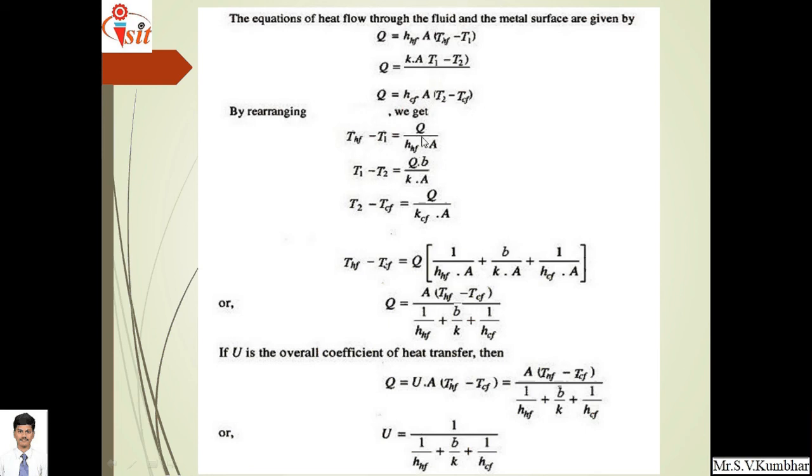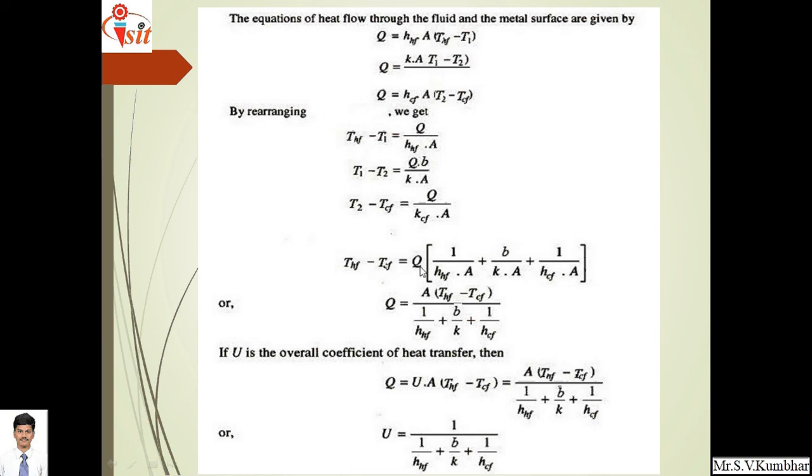Now adding the equations, minus T1 plus T1 will get cancelled, minus T2 plus T2 will get cancelled. So what will remain? THF minus TCF, which is equal to the addition of the right hand side. Q is common, Q is taken outside, into bracket 1 upon HHF into A plus B upon KA plus 1 upon HCF into A.